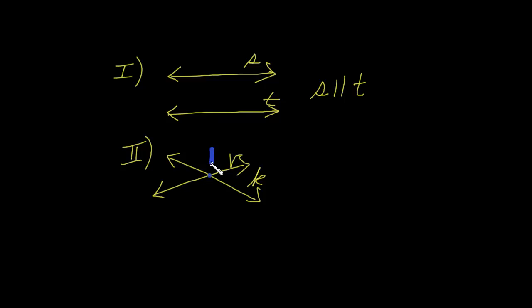We'll call it point T. So point T is the point of intersection for line R and line K. These lines are not parallel, so there is a point of intersection.